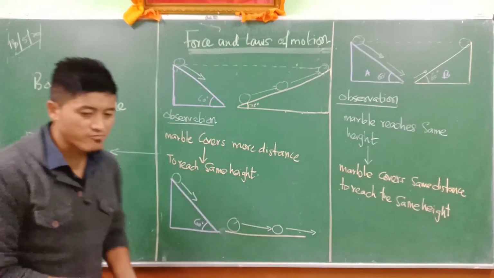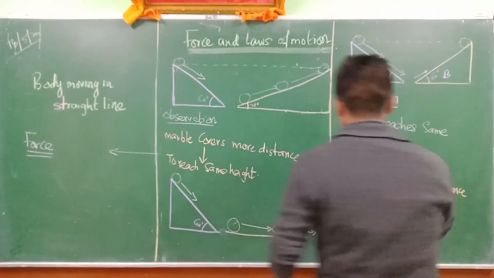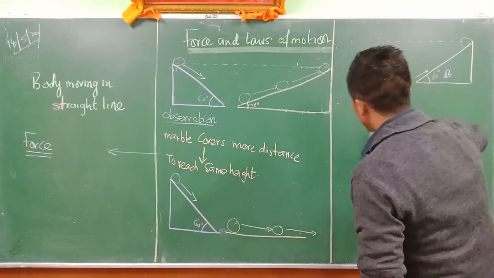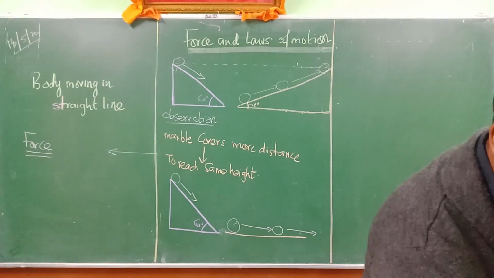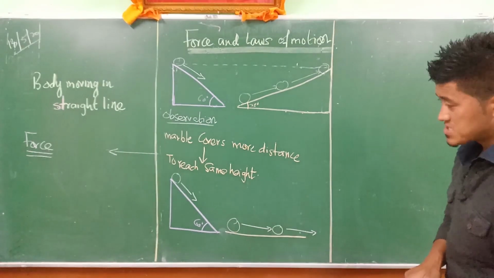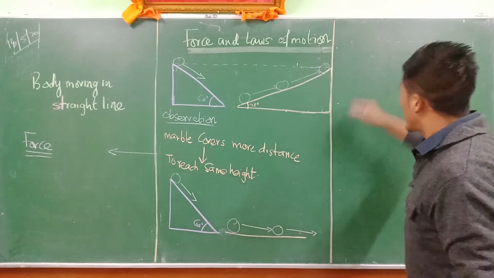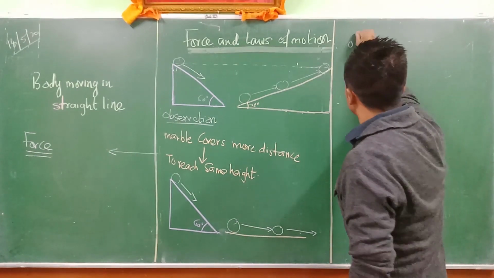So looking at this observation, Galileo concluded, right? He made the third observation. In the third observation, what he noticed was... observation, I'll write here.